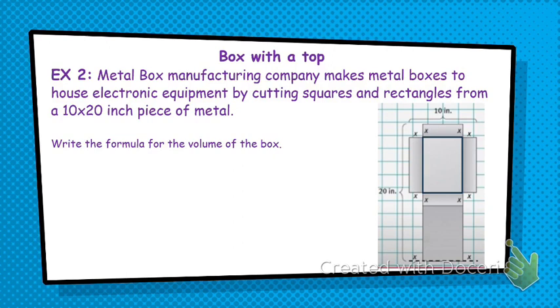So our side from here to here, that whole thing is 20 inches. And it looks like somewhere in the middle right here is where that sheet of metal is being cut from. So this is going to be the bottom of my box.